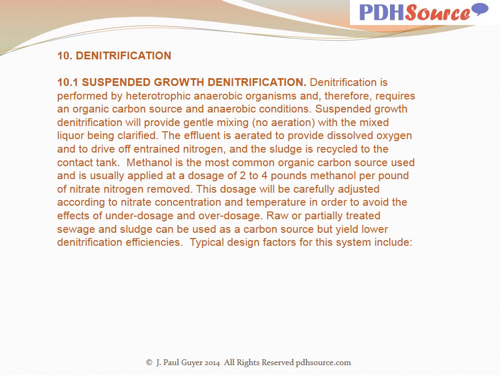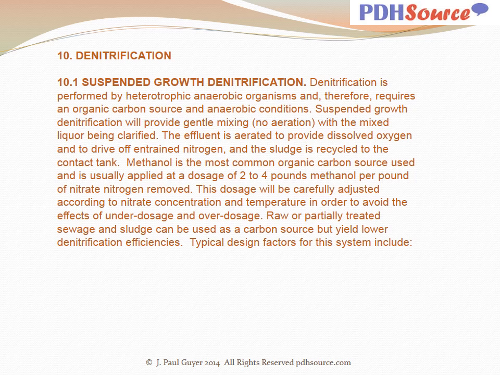Now we will look at denitrification, the suspended growth denitrification. Denitrification is performed by heterotrophic anaerobic organisms and therefore requires an organic carbon source and anaerobic conditions. Suspended growth denitrification will provide gentle mixing, no aeration, with the mixed liquor being clarified.